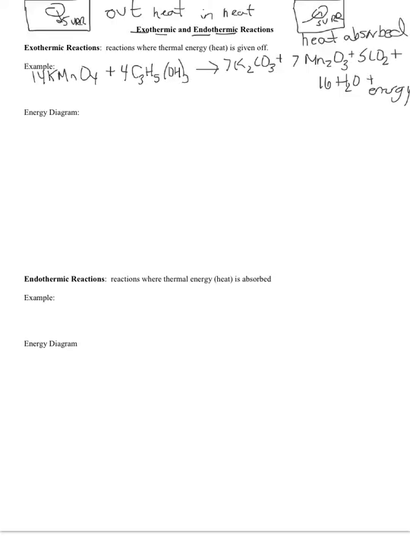All right, lots of big compounds there. What if we wanted to just simplify it a little bit and use letters from the alphabet? We'd have something like A plus B gave us C plus D plus some more plus energy. Okay, it's kind of the real generic form, right? But we have our actual example there.